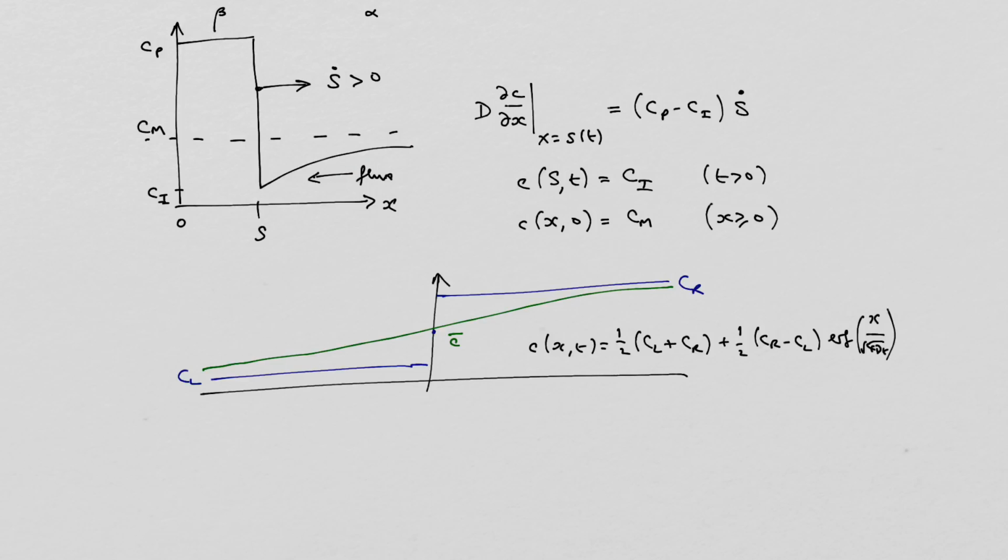What I'm saying here is, what we want is a solution for a semi-infinite half space that decays to some constant value, like this decays out here to CL, and has a fixed value at the starting point.